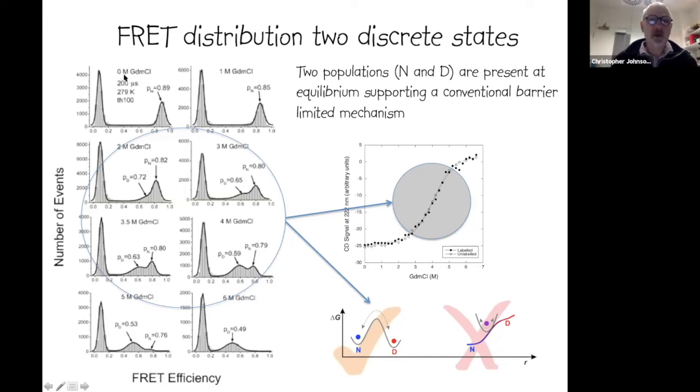So at low guanidinium hydrochloride concentration, we saw one single FRET distribution of high FRET efficiency, corresponding to the two fluorophores being close together and being able to FRET with high efficiency. Here you can see the location of this FRET peak remains pretty constant at low guanidinium, where we only have the native state populated.